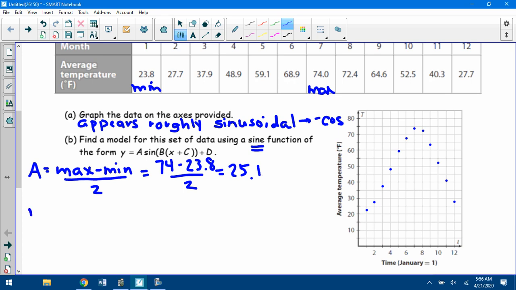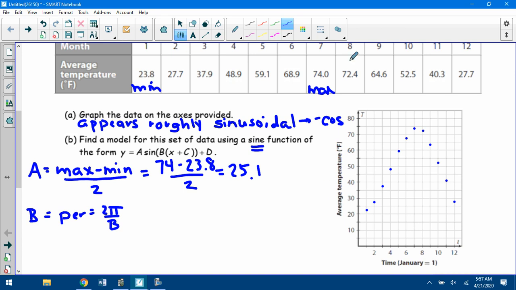What's B? Well, B, we got to use period equal to 2 pi over B. But what's the period? Well, think about what one cycle is. The course of a year is one cycle because the next year is going to repeat. So it's 1 year.